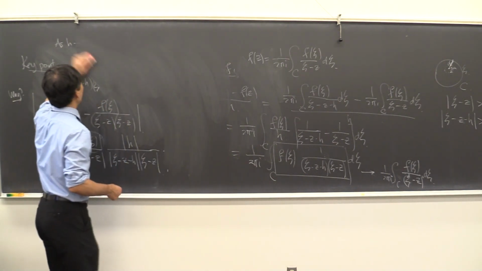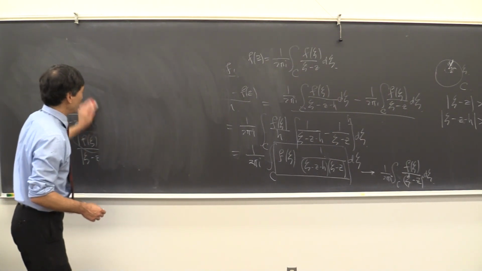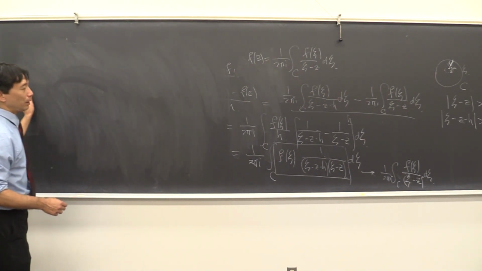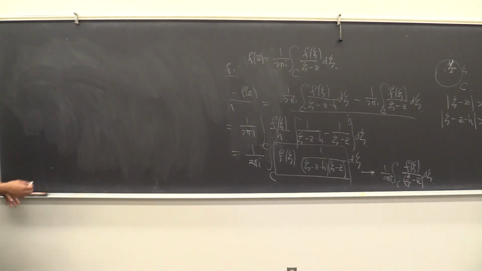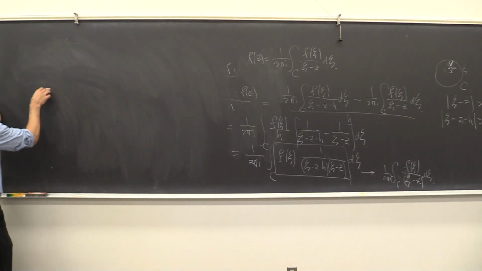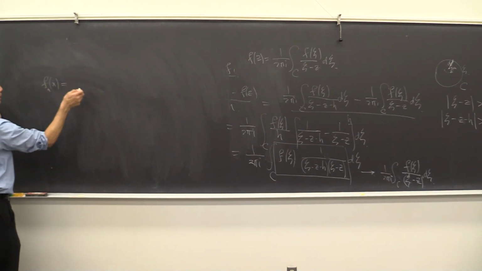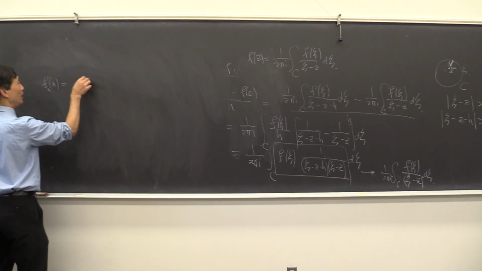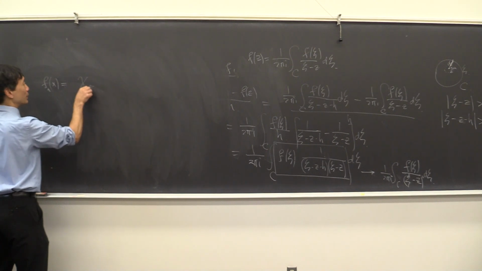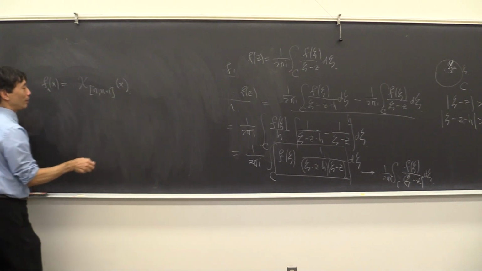I mean, to give you kind of a trivial example, I don't know if you probably saw this example when you encountered uniform convergence, but if you have some function, say f_n is the characteristic function of [n, n+1].